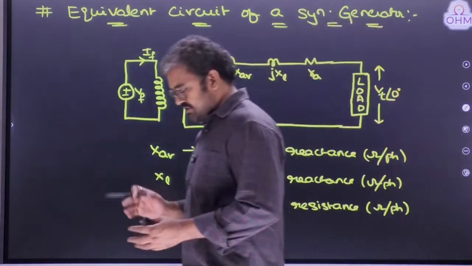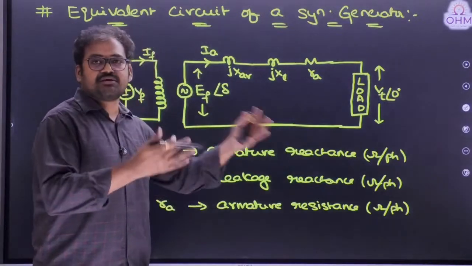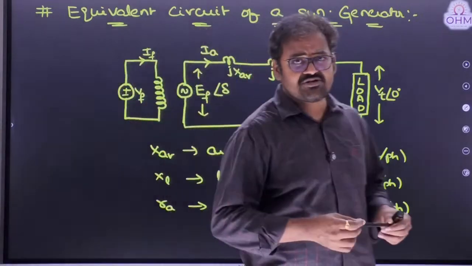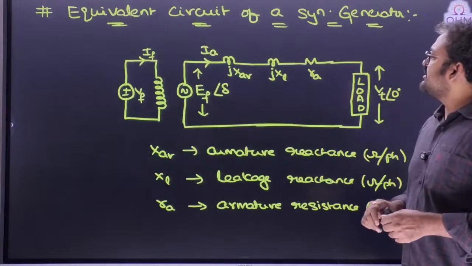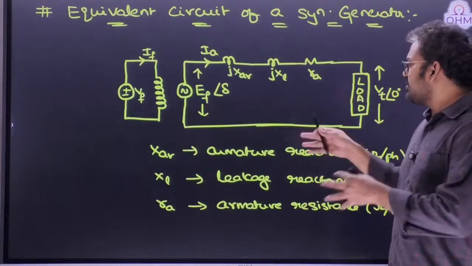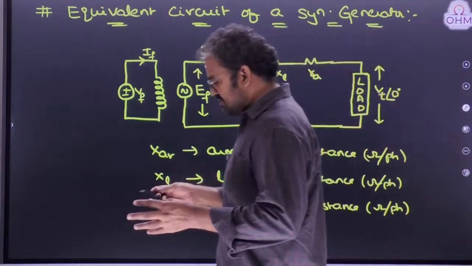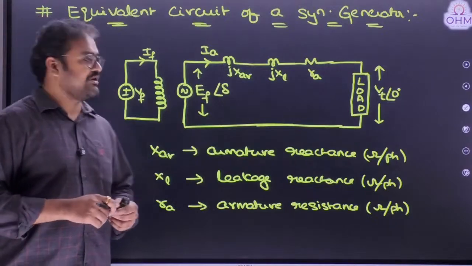All right. Now we are entering into numerical aspects of synchronous machine. So far we discussed all theoretical concepts. So now the first concept, this is module number 2 in a synchronous machine, after the basic working principles: equivalent circuit of synchronous generator.